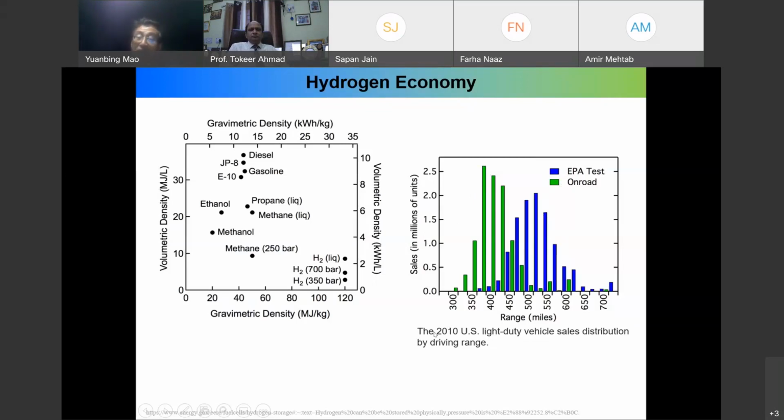The data here is from 2010, and there is a reason for that: right now hydrogen-related storage is a bottleneck. So the U.S. government nowadays barely provides funding to this type of research. Of course, some countries still have a lot of research going on in this area, but not in the U.S. now. The results I will show you are from several years ago when I had a grant on that, but not now. Hopefully we will be able to get back to that.